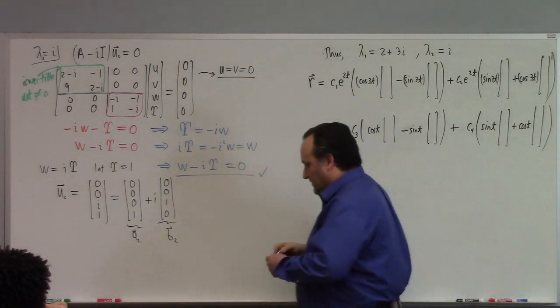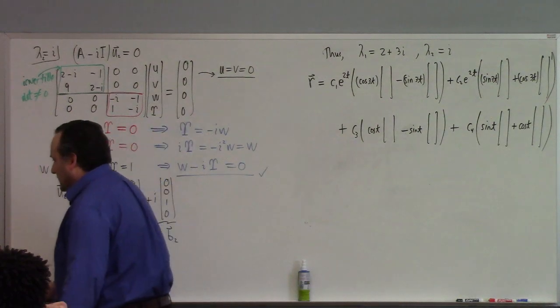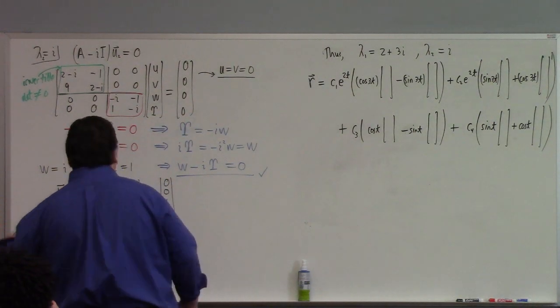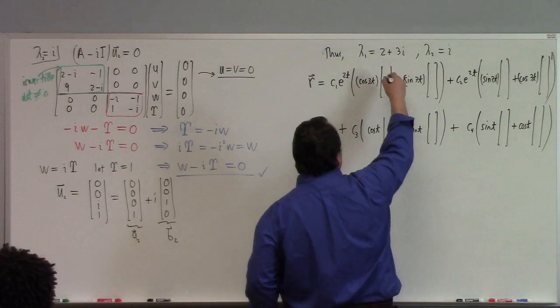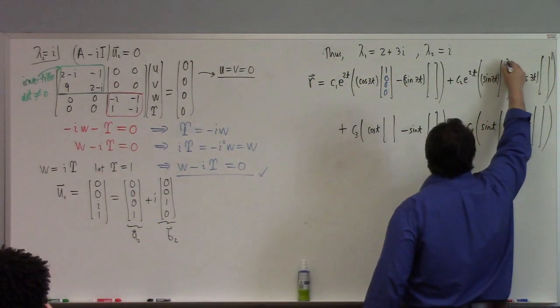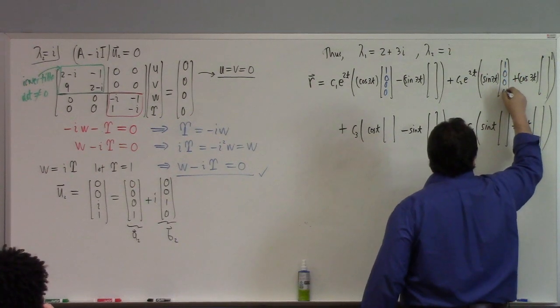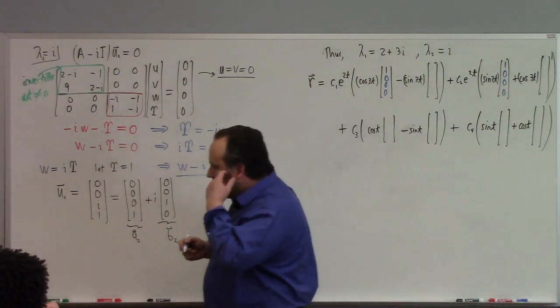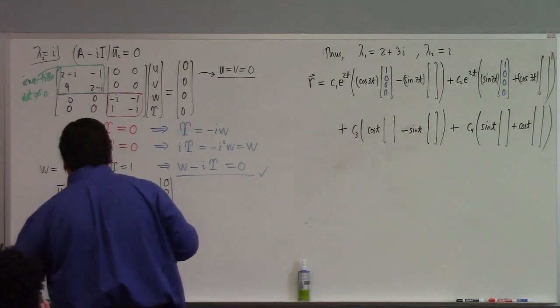Let me put in the vectors. So my a1 was 1, 0, 0. My b1, rather, was 0, minus 3.